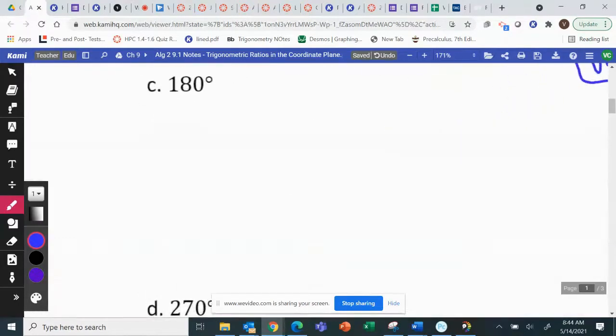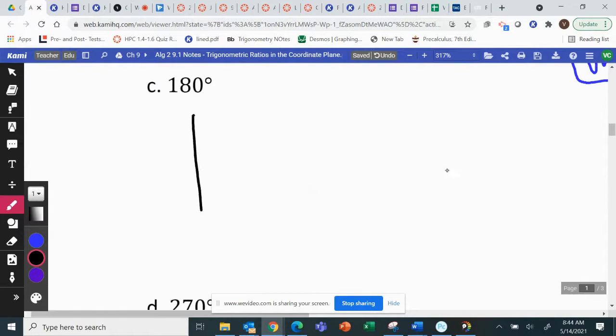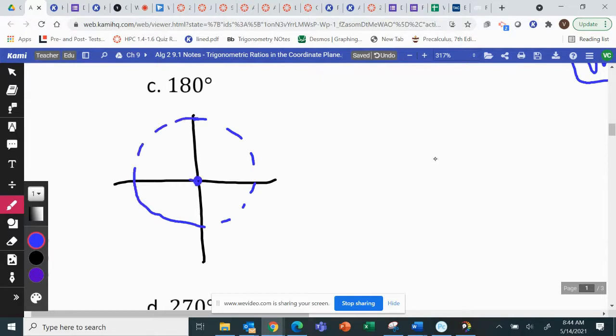Let's look at 180 degrees. So 180 degrees is going to end on the negative x-axis. My ordered pair would be negative x, 0, because there's nothing for the y. What will the radius be?